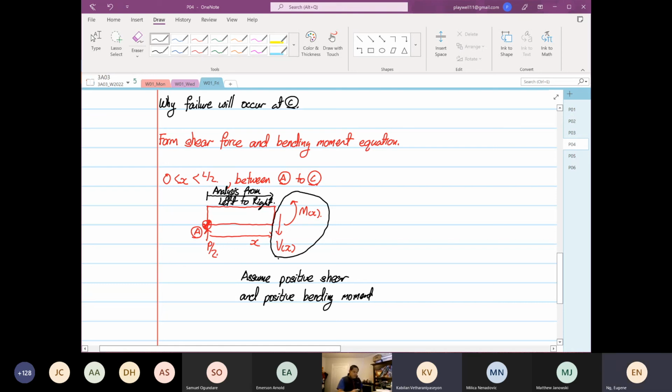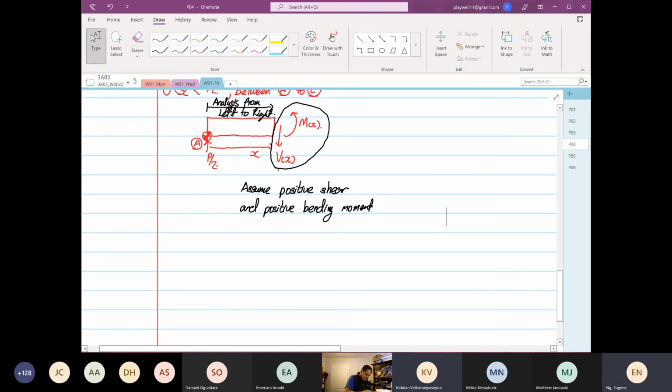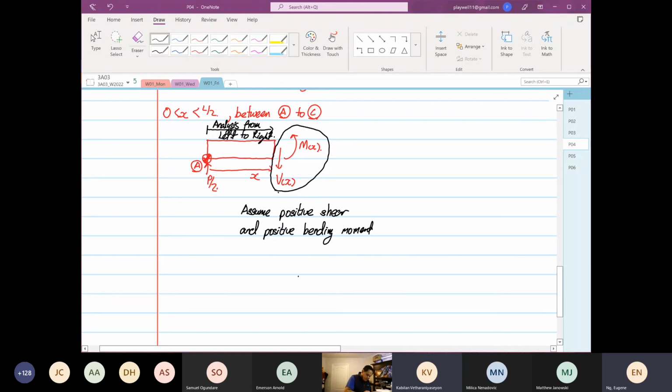If you're going to do right to left, I know there's a lot of revision here, some of you can remember, some of you cannot.